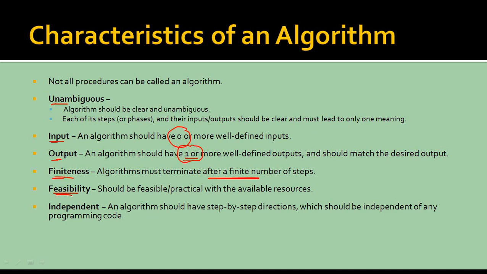For example, if we have a 1 GB hard disk and we are executing a program or algorithm of 2 GB, that is not possible. So feasibility means, just consider it as an example, if we have a 1 GB hard disk, then something from 500 MB to 1 GB can be feasible.